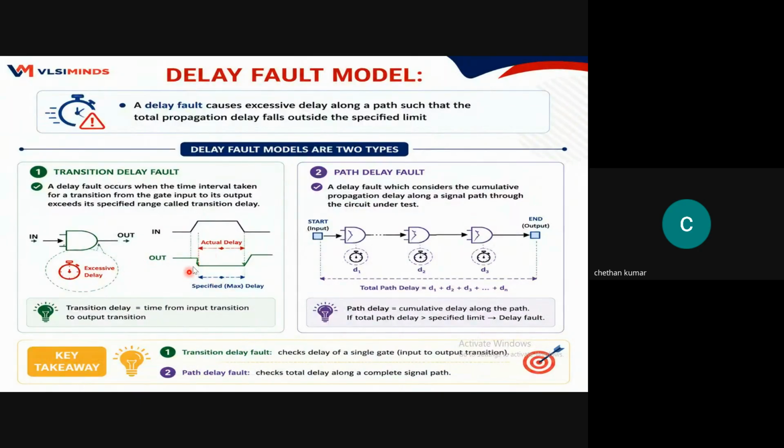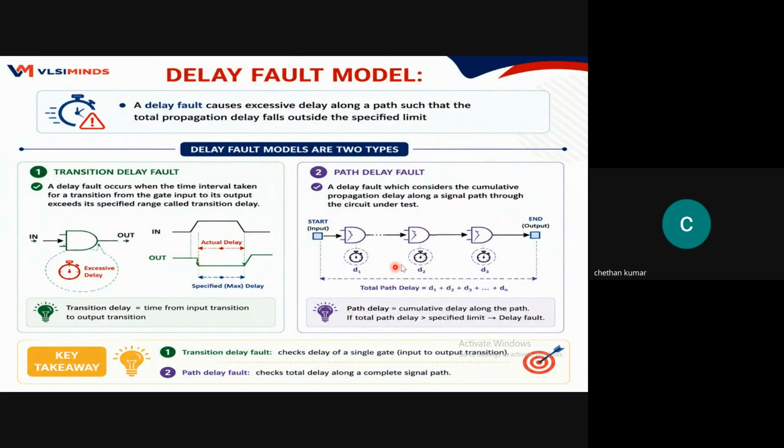Actually it should start from 0, go exactly to 1, and then 1 to 0 exactly at that point. But as we know, there will be a small delay for rise time and fall time. Due to that, the transition delay will occur. So if the time from input transition to output transition is more than expected, then it comes under the class of transition delays.